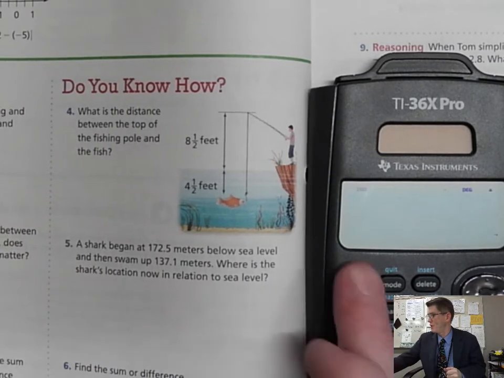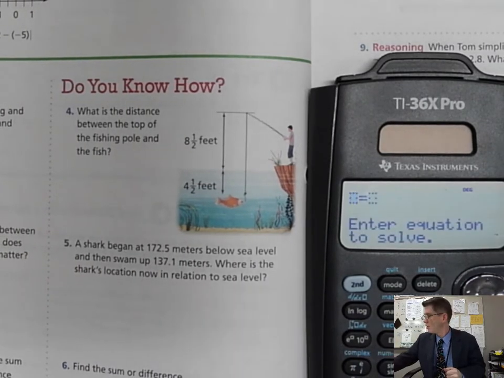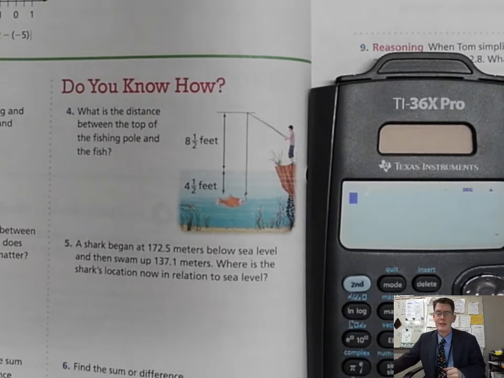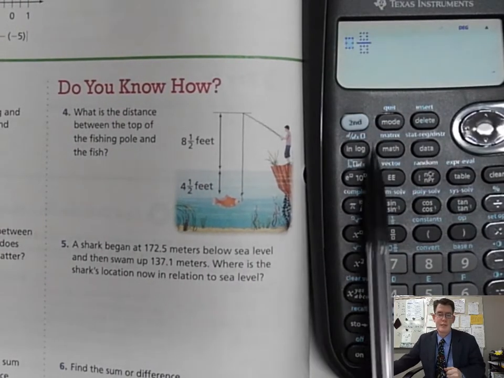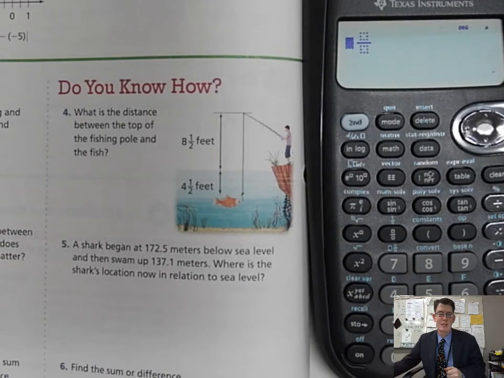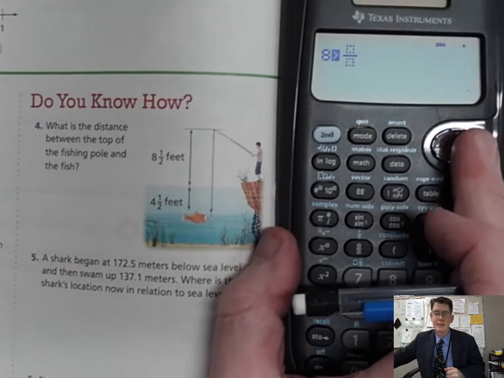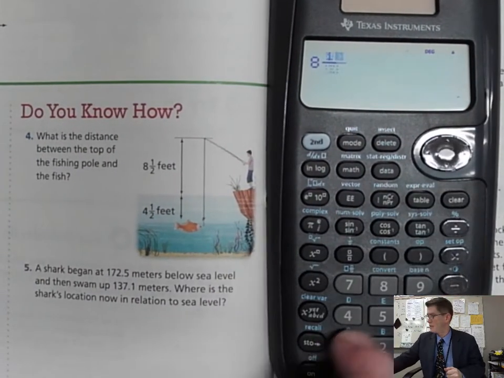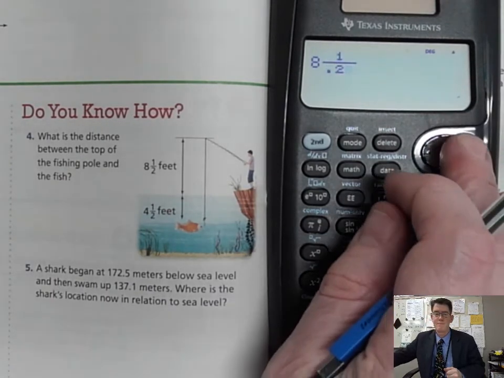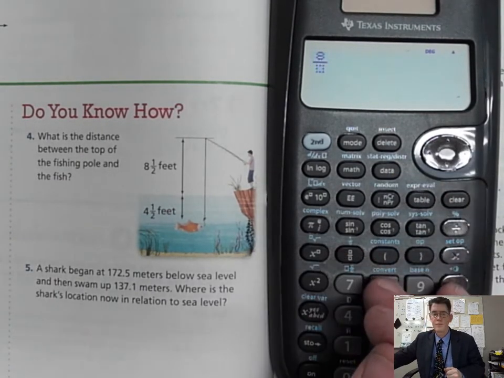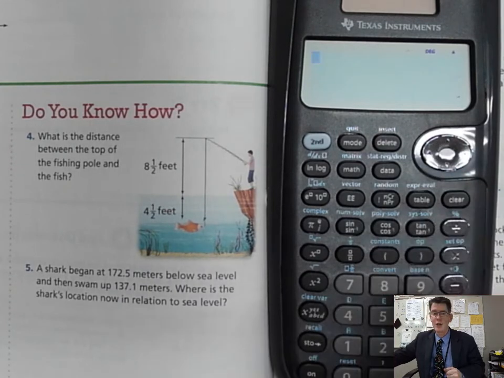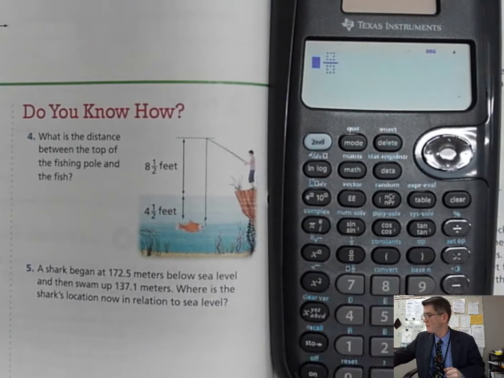So you start with, whoa, Larson, type the right buttons. So the up arrow, or the second button, and the 7 gets me this mixed number, and I use the arrow keys to do 8.5. My goodness, I think it's a good thing you're seeing this.